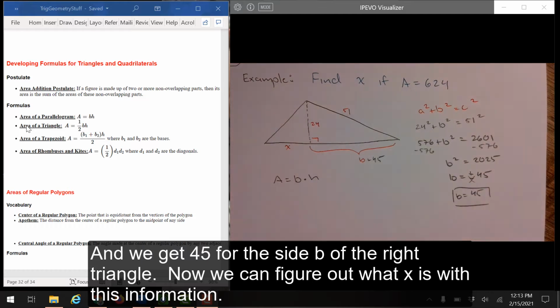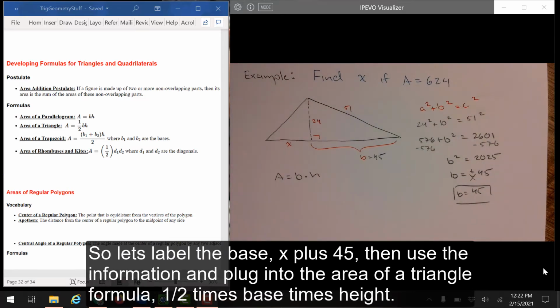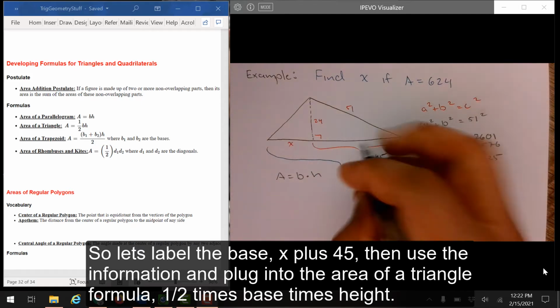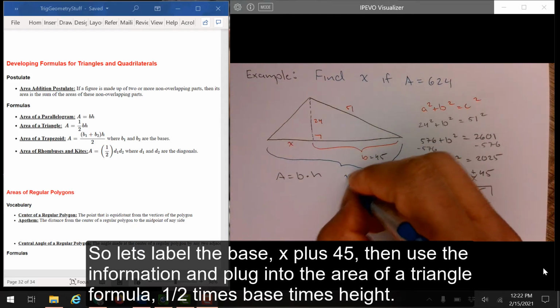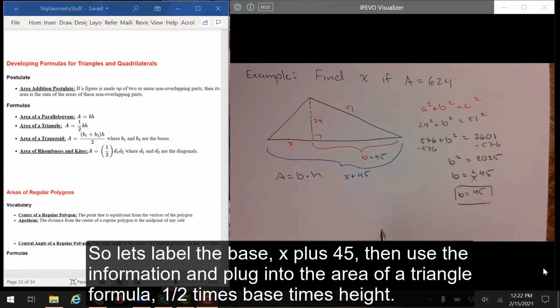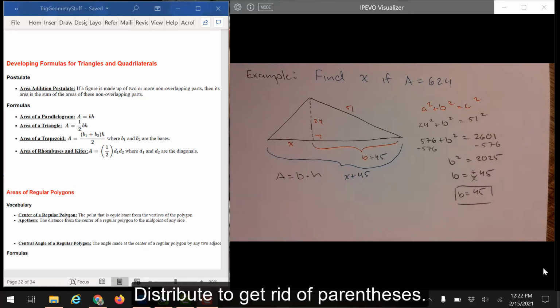Now we can figure out what x is with this information. So let's label the base x plus 45, then use the information and plug into the area of a triangle formula, 1/2 base times height. Distribute to get rid of parentheses.